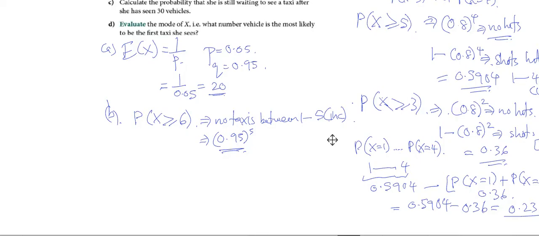The complement of no taxis in 1 to 5 is that she sees a taxi somewhere in 1 to 5: first taxi, second taxi, and so on all the way to 5 trials inclusive. So I'm going to take 1 minus 0.95 to the power of 5.